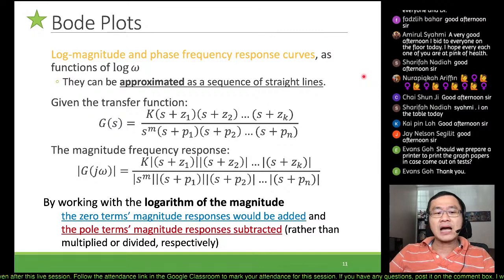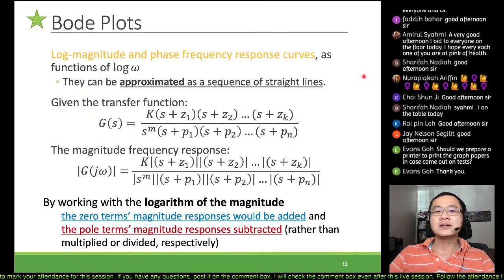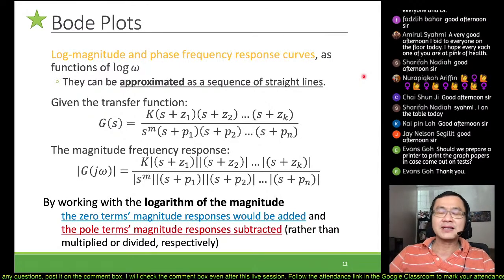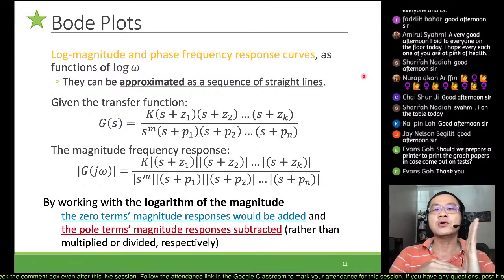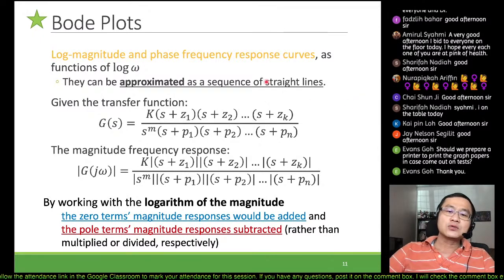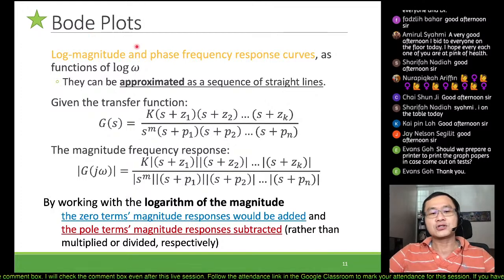Next, it comes to the Bode plot. As we have mentioned previously, the graph paper is a logarithmic graph. One side is log, one side is the normal scale. Once we intend to plot it, we would want to plot in the form of log magnitude as well as the phase frequency response curve. We call that a Bode plot.